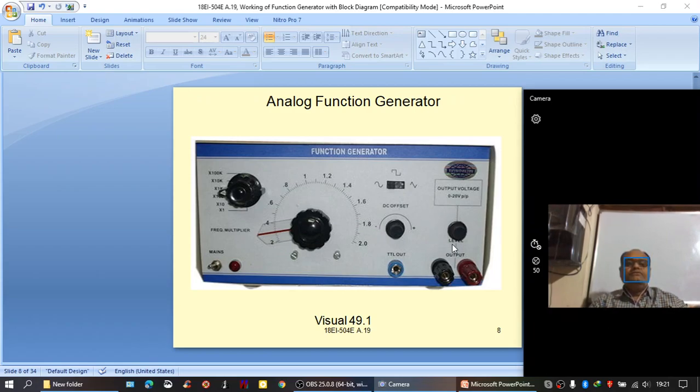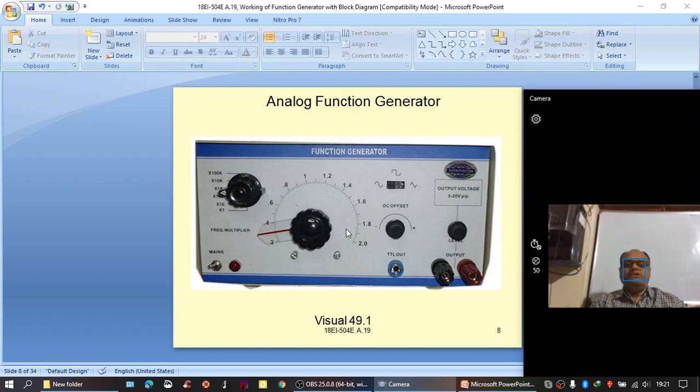And amplitude of the signal here can be varied by adjusting this level knob. Then an indicator and power on and off switch.